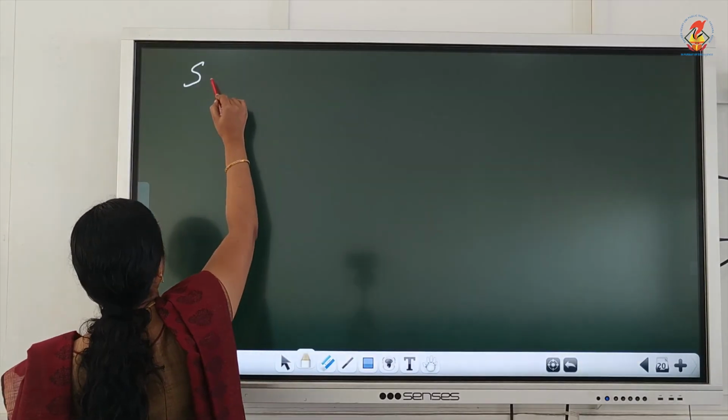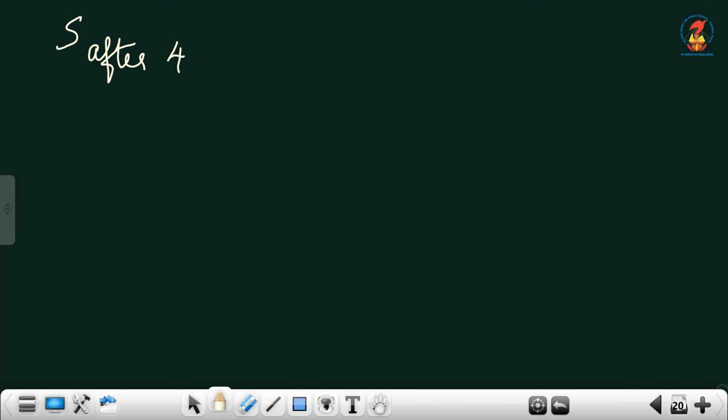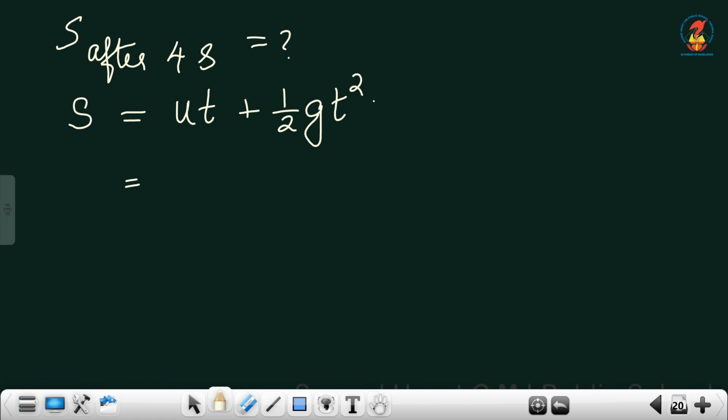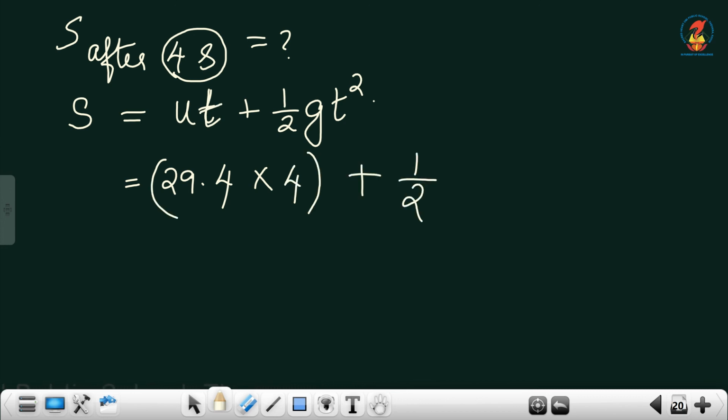Now, third subdivision is find its position after 4 seconds. Again, you can use the same equation to find the position. S is equal to ut plus half gt square. That is, u is 29.4 into time, which is given as 4 seconds. So, instead of time, substitute 4, plus half into minus 9.8 into time 4 square.